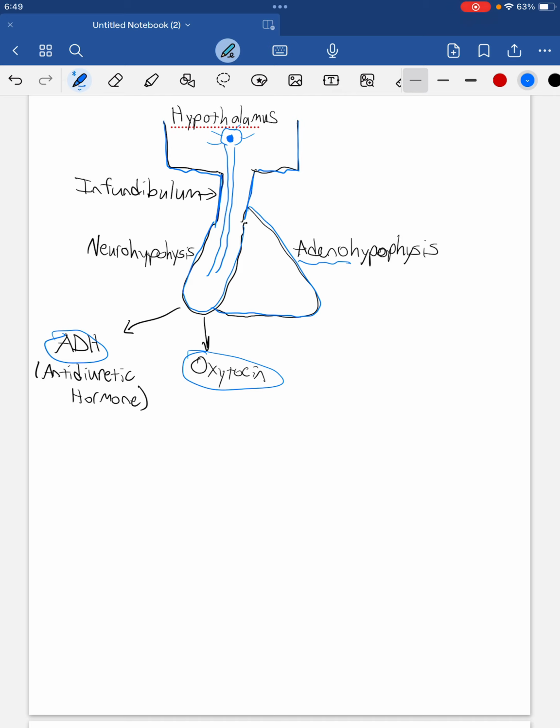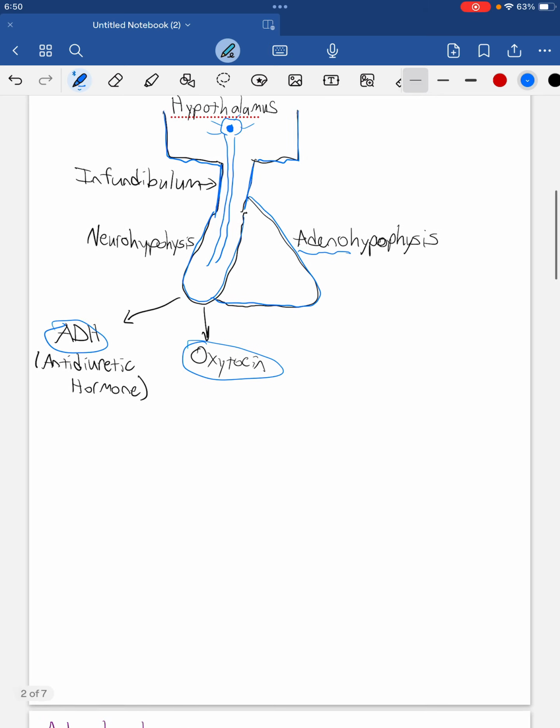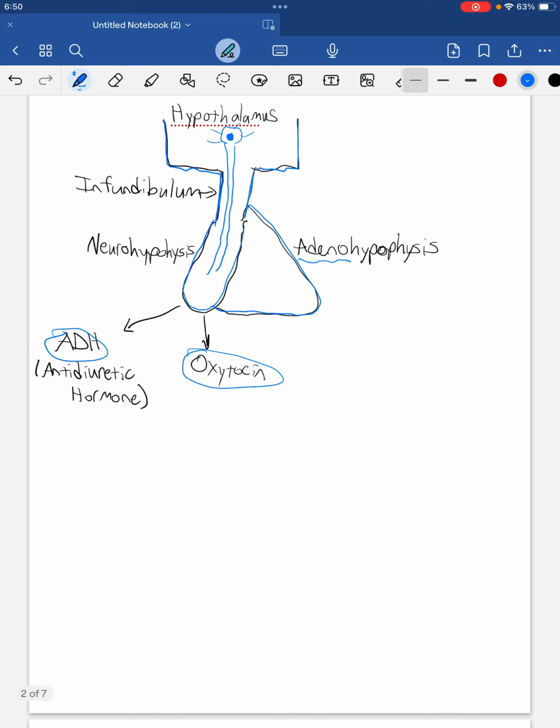So when we are dehydrated, our plasma osmolality is increased. That gives us hypertonic blood. So there's less water, more solutes in the blood. So we don't want that.